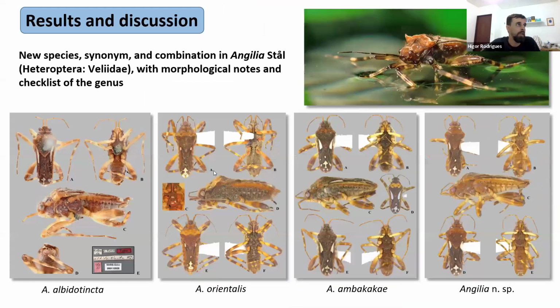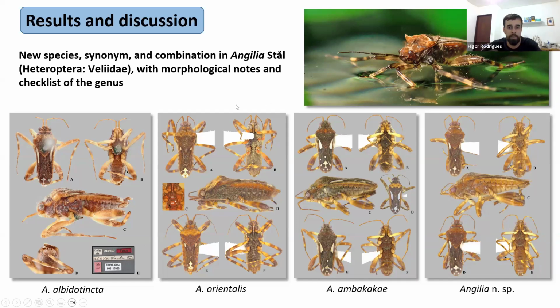Okay, so we are working with some genera of the Eastern Hemisphere. The genus Angilia is one of the genera of the subfamily Veliinae that occurs in Africa, Madagascar, and Southeast Asia.